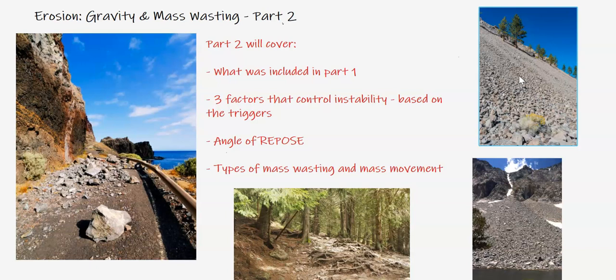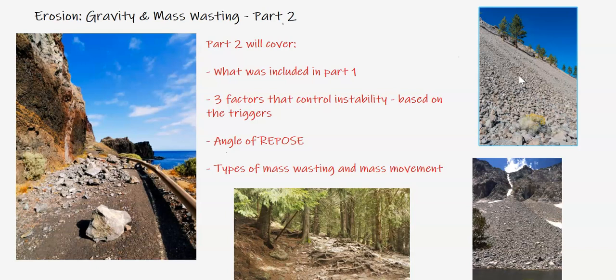And then today with part 2, we're going to look at the 3 factors that control instability that can work with the triggers that were in part 1: things like water, the amount of water in the soil and the porosity, the oversteepened degree of gradient of the slope, and also earthquakes and other large movement of shaking that can dislodge rock.